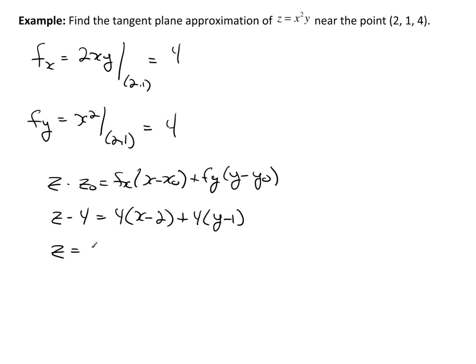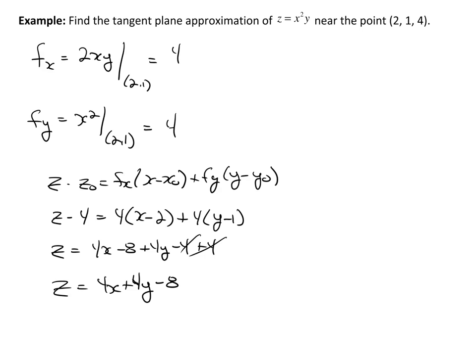So z equals 4x minus 8 plus 4y minus 4 plus 4. Move this z over, and that's going to go away. So I'm just going to have z equals 4x plus 4y minus 8.